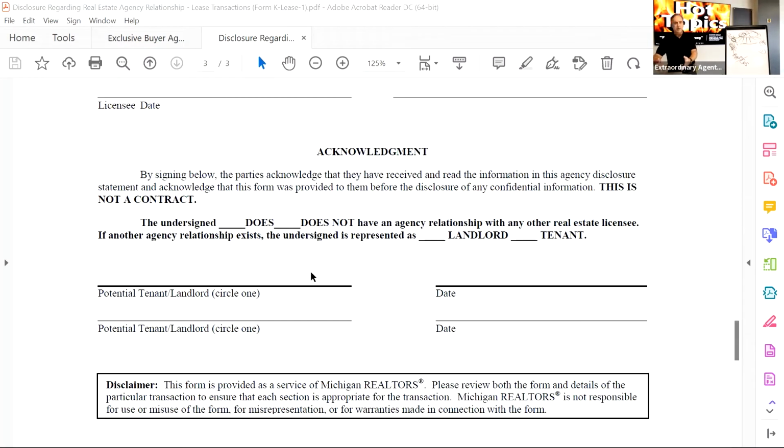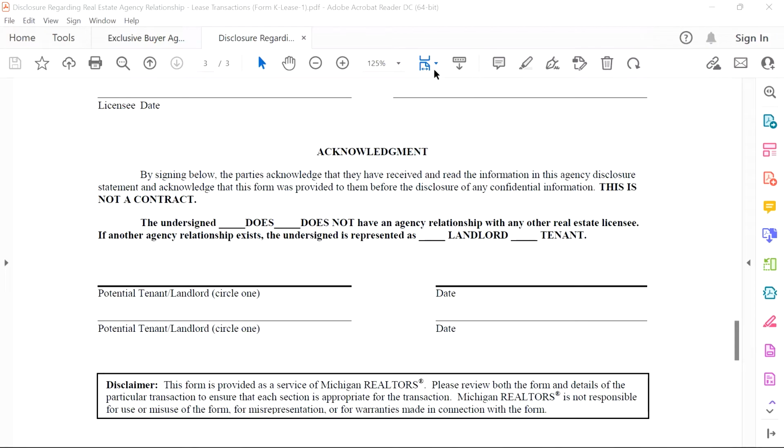Now this one is a landlord-tenant disclosure. However, the one that we commonly use would be a seller-buyer. Okay, so it's saying that if they did have an agreement, what are they represented as? So the example that I use is I got a couple that's referred to me from Cadillac. The agent up there has their house listed.